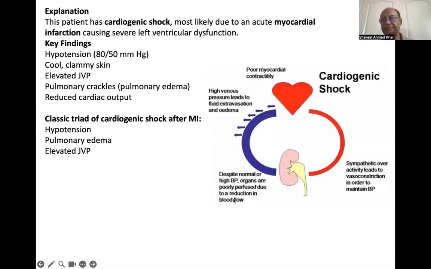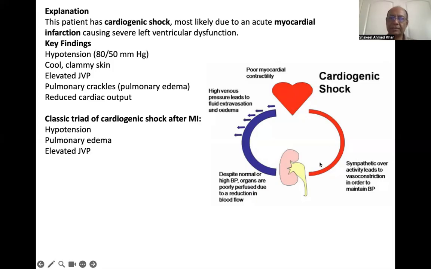First of all, let's briefly discuss cardiogenic shock. You can see here, this is the heart, which is basically a pump. When the pump is failing due to anything, for example myocardial infarction, the most common cause, the blood is not going forward.